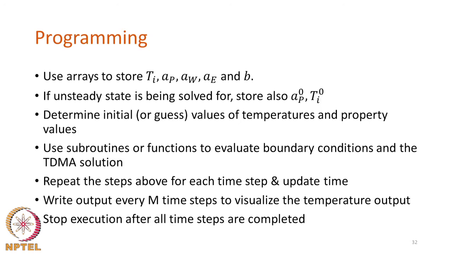And normally you would have one subroutine or a function where you would be setting the initial values of the temperature or the guess values of the temperatures to start with, and also to set the property values at various locations. If you have location dependent properties, then you may have to have arrays for the properties also, and if you do not have that problem, then you can just use constants in a program.